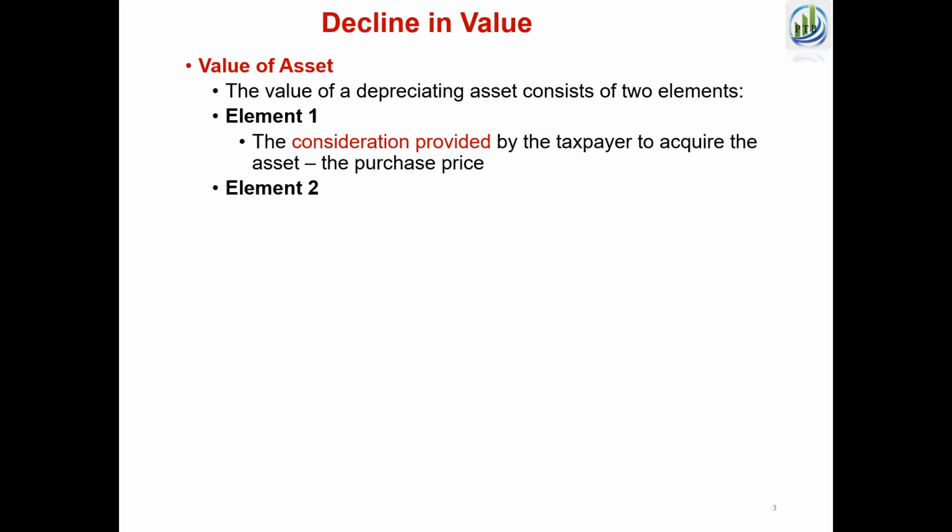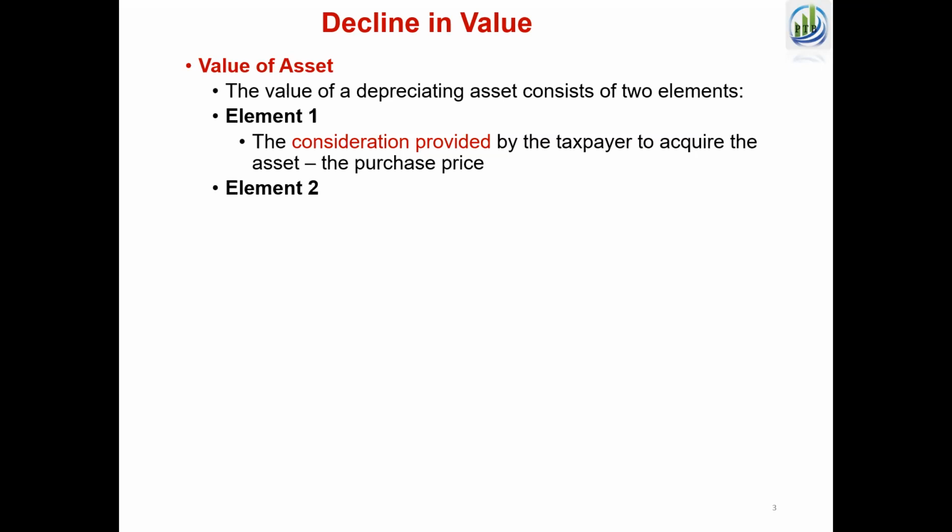Element 2. There are two components of the capital cost. One is the purchase price and the second one is getting it ready for use, where you may spend some money. For example, you are from Melbourne, you purchase equipment from Queensland. So you want to transport that to your place. The transport cost is going to be element 2 and we add it to the capital cost. You should have some insurance for your transport.